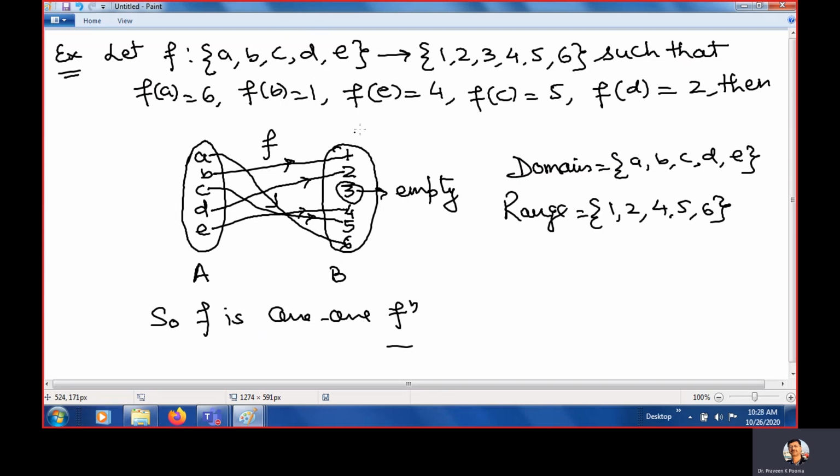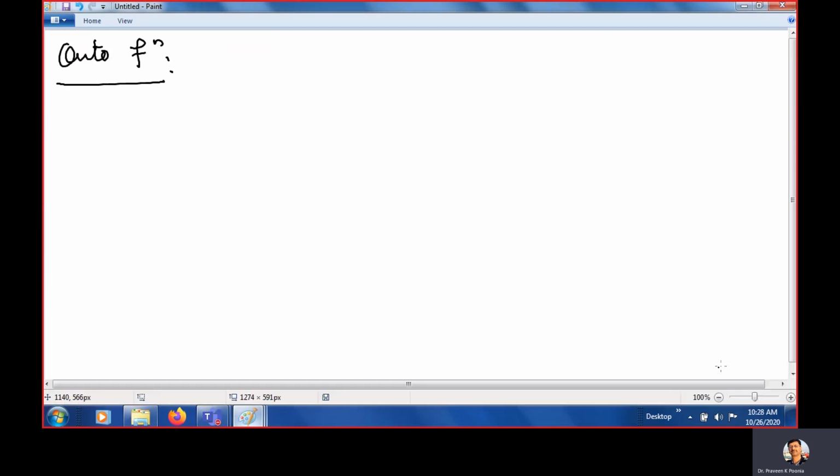If you see here in this example, 1 is occupied, 2 is occupied, 4 is occupied, 5 is occupied, 6 is occupied, but 3 is empty. So this is not an onto function. Onto means every element of the codomain set must be occupied.